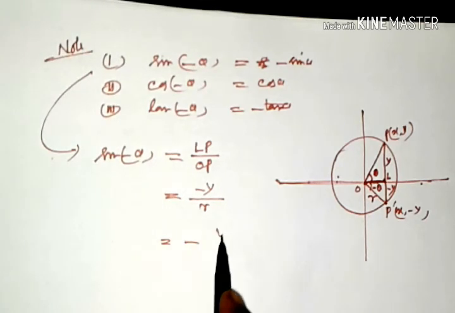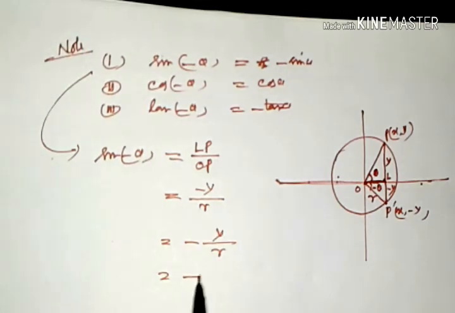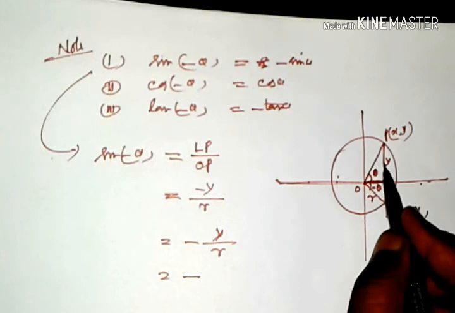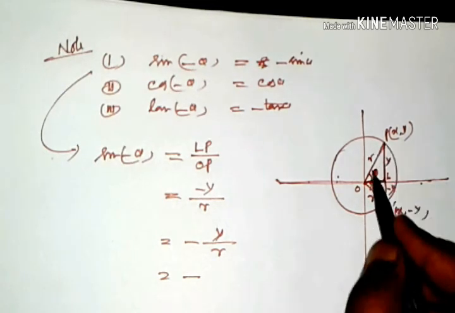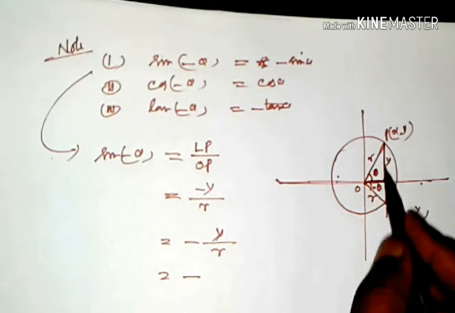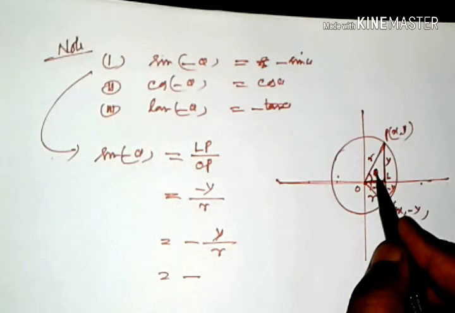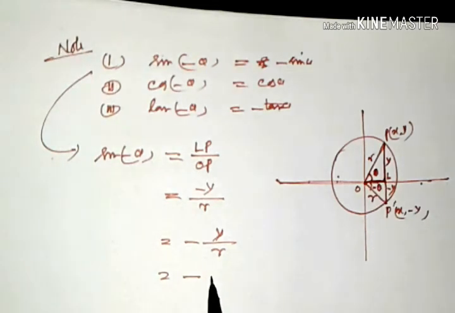This is minus y by r. Minus y means this and r means this. y by r is perpendicular by hypotenuse, so it is sin theta, with a negative sign.